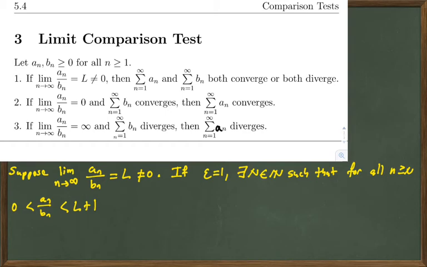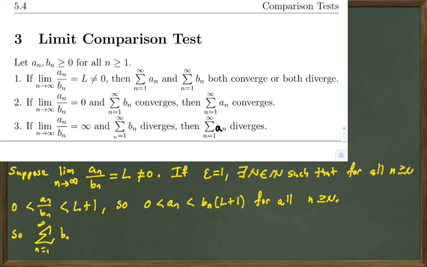So we can rewrite this and say 0 is less than a sub n, which is less than b sub n times L plus 1, for all n greater than or equal to N.